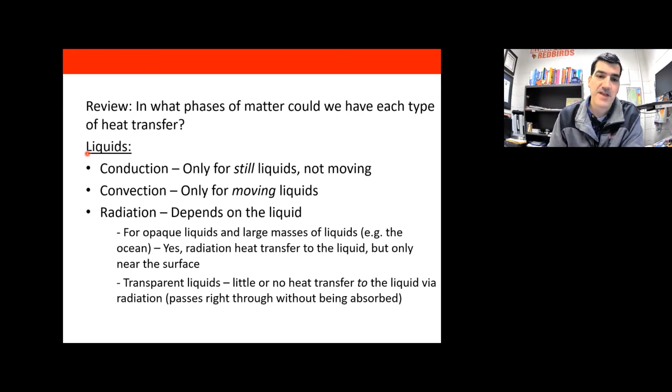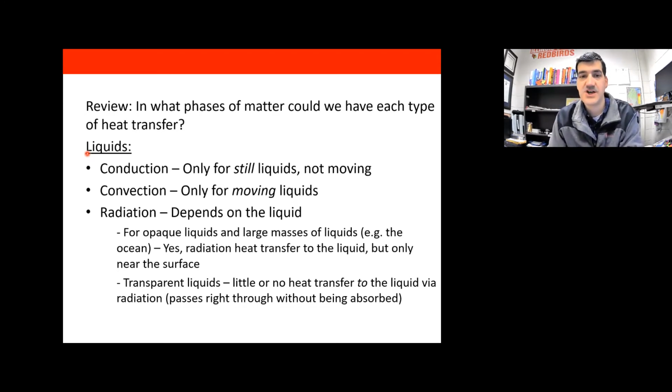But then again, if you have a transparent liquid, say a clear glass of water, then the light can pass right through. And if the light in the visible wavelengths can pass through, that's a pretty good indication that the infrared wavelengths, which are heat, can also pass through.